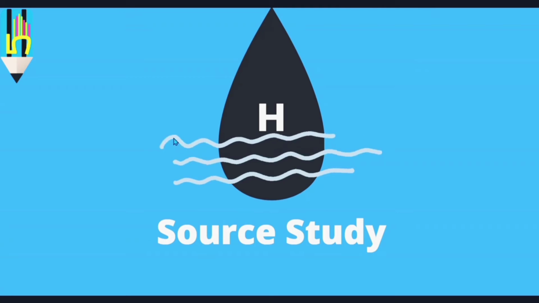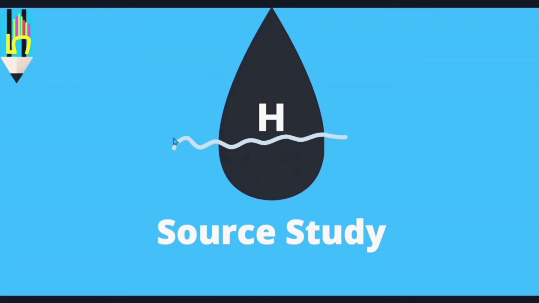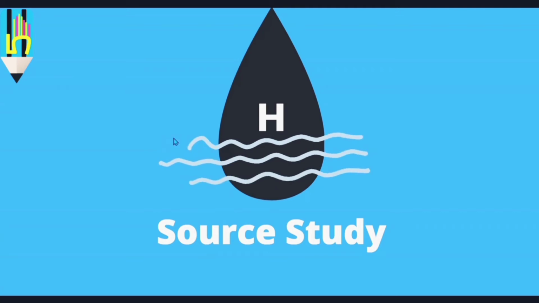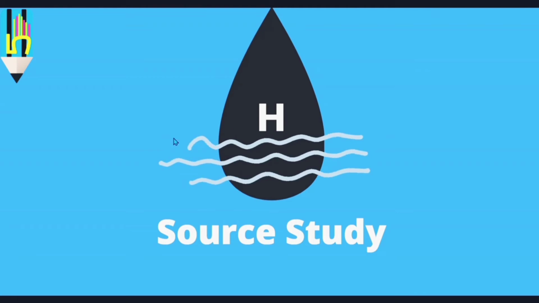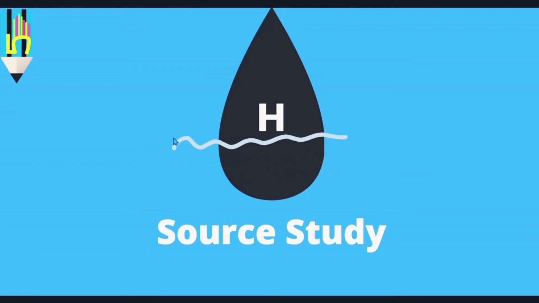Now source studies can be of two types. If it is a surface source, we will check the current at the peak of seasons and then try to calculate what effect there will be on the downstream if we take that much water from that river or stream.